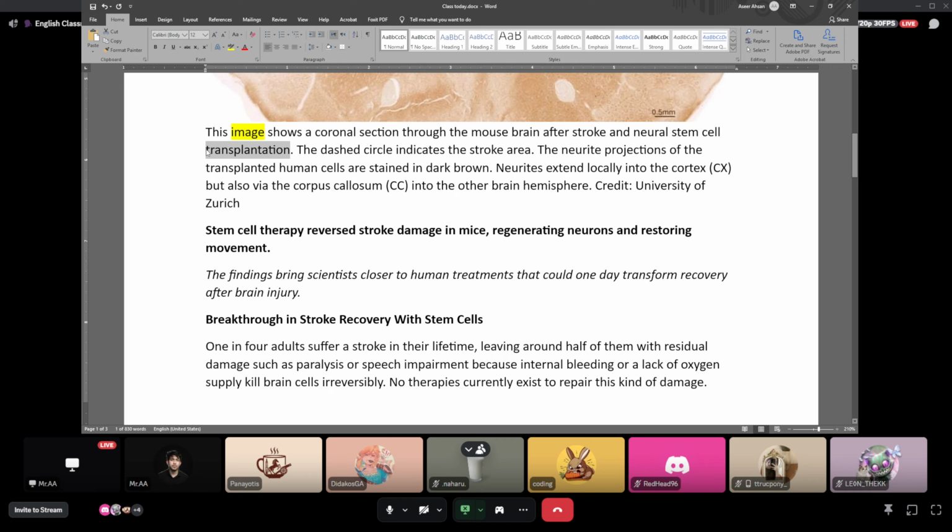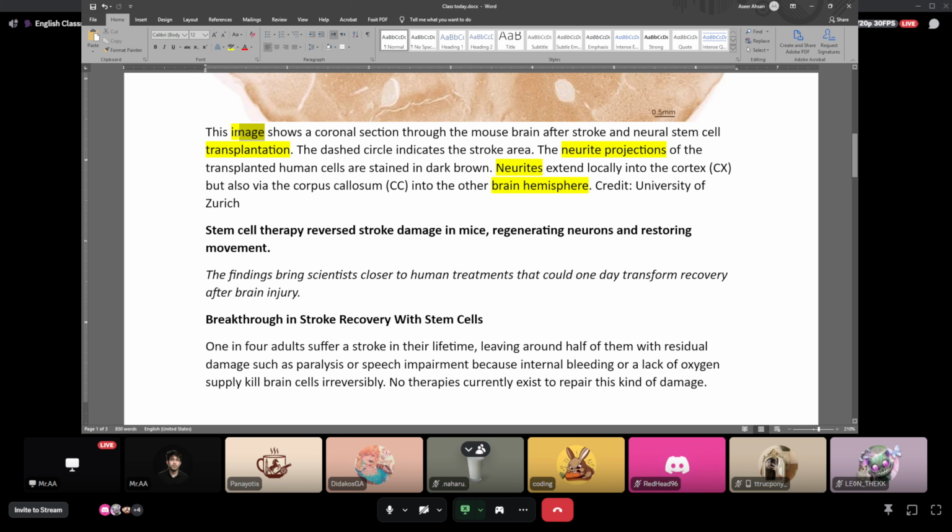The dashed circle indicates the stroke area and the right projections of the transplanted human cells are stained in dark brown. Neurites extend locally into the cortex, CX, but also via the corpus callosum into the other brain hemisphere. Credit: University of Zurich.